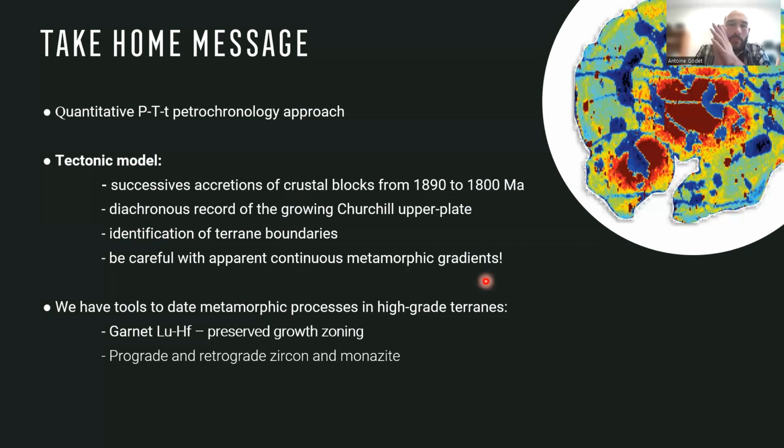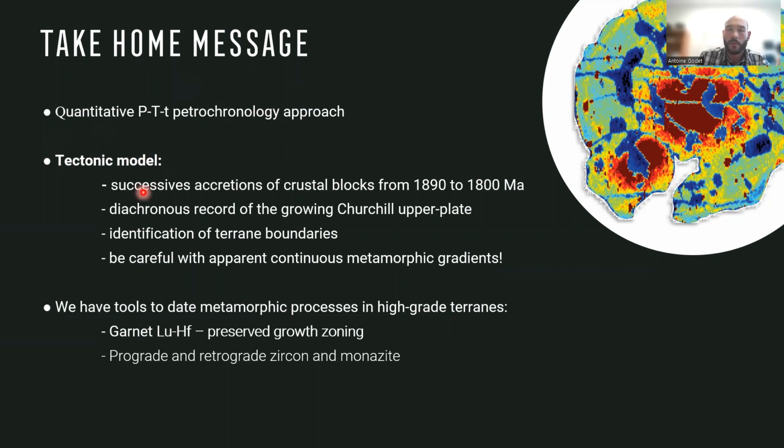So the take-home message for you today. First, we did a quantitative P-T-t-D approach by using different chronometers, coupled with trace element chemistry and textural relationships, so petrochronology. We're able to develop and test the tectonic models.